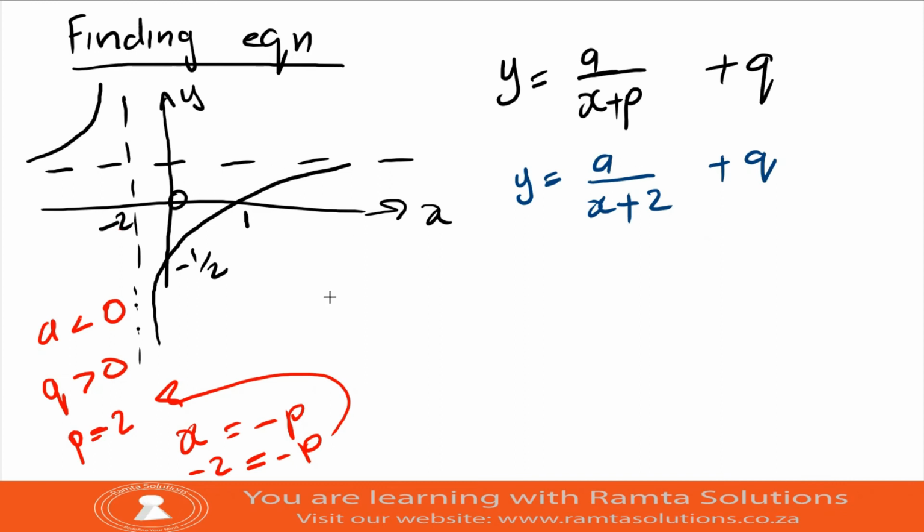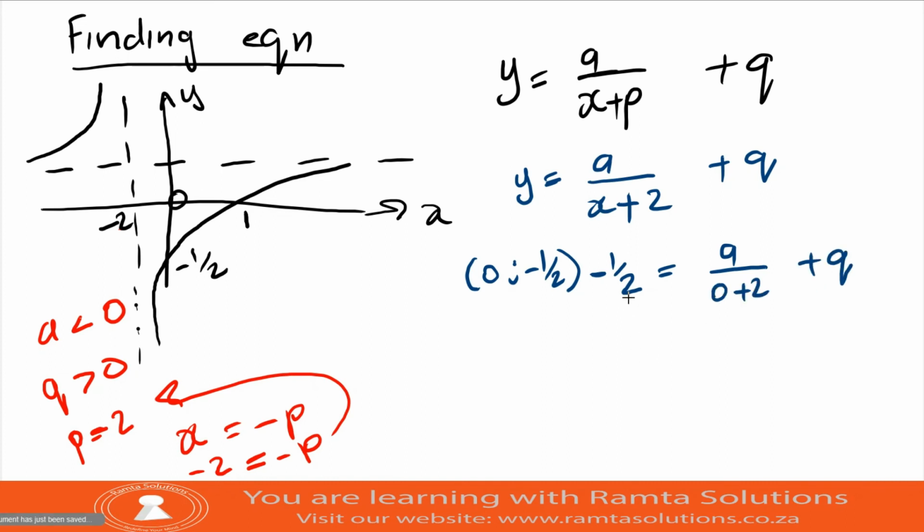So I'm going to use the point 0 and negative half to see if it helps. We have negative half equals a over 0 plus 2, plus q. So negative half equals a over 2 plus q.